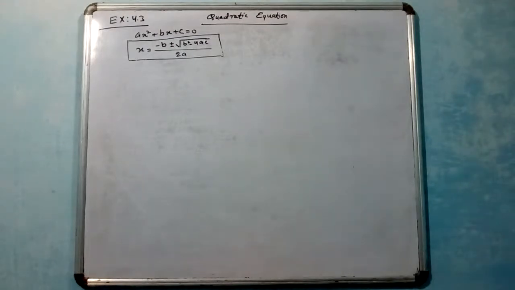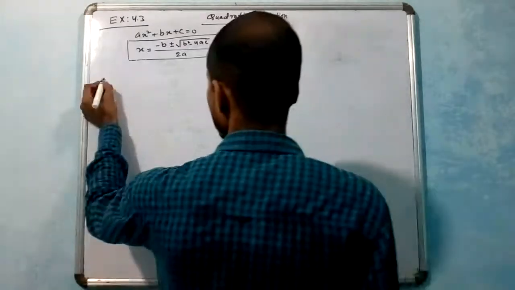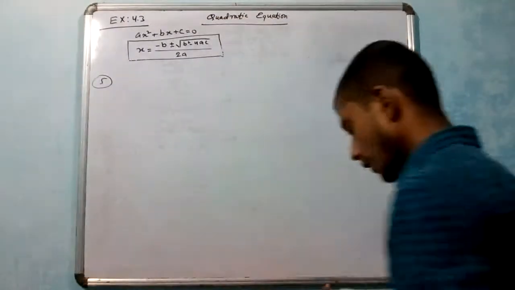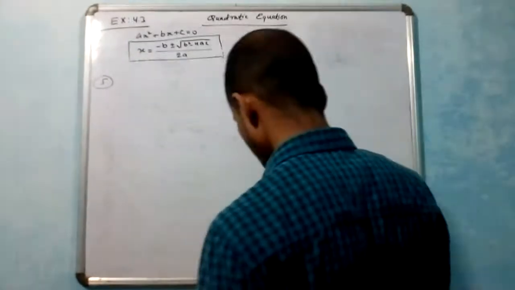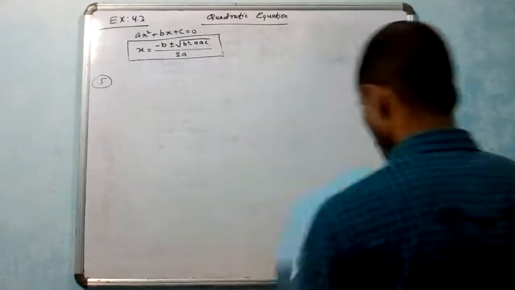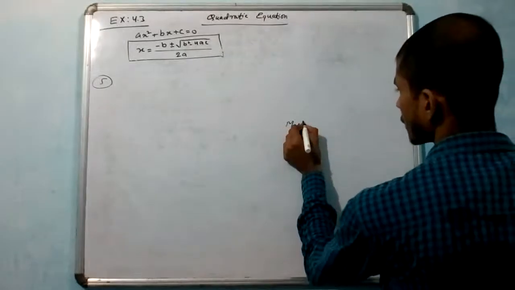What is the question? In a class test, the sum of Cephali's marks in mathematics and English is 30. Okay, so Cephali's marks in maths and English is 30, isn't it?